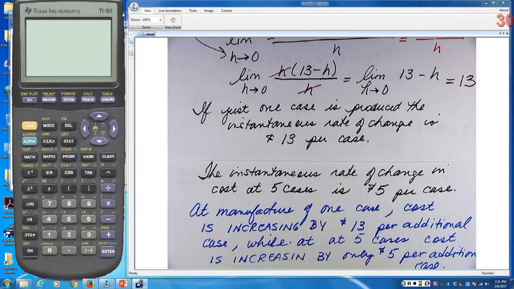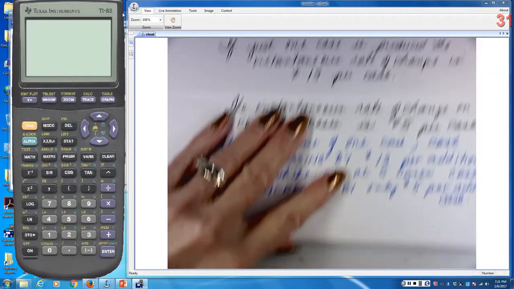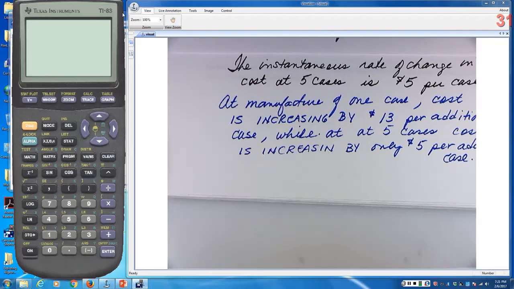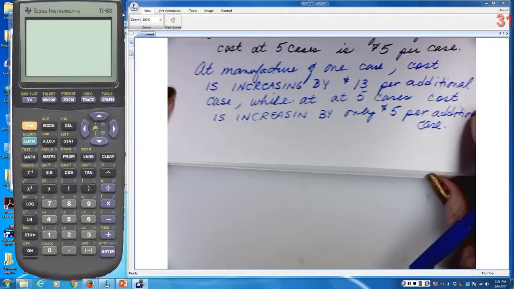Now, is that marginal cost going to continue to decrease forever? Probably not, which is why they limited the cost function to only being good for up to 7 cases. Because you are eventually, does that help, Tarina?